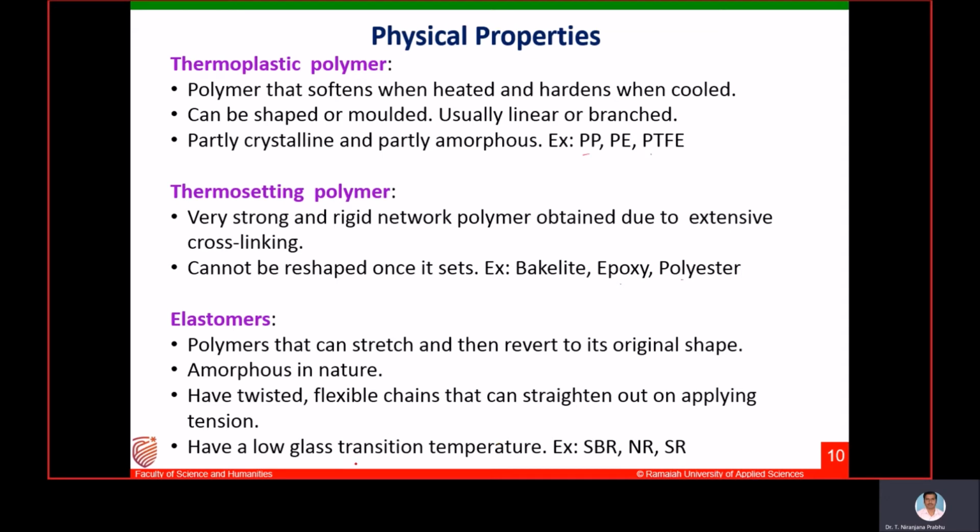I will define this term, glass transition temperature, in the subsequent classes. Examples for elastomers include styrene butadiene rubber, natural rubber, silicone rubber. So such kinds of examples can be given for elastomers.